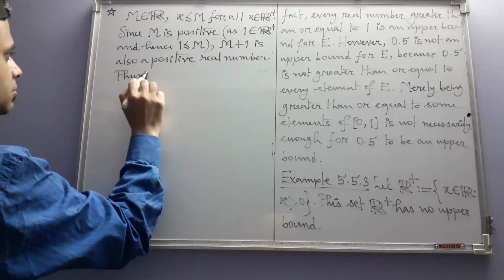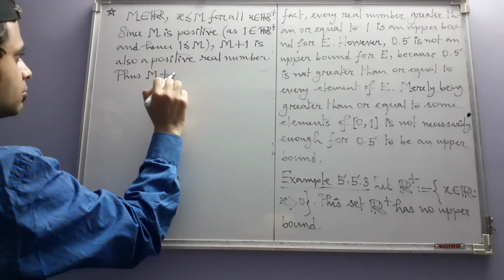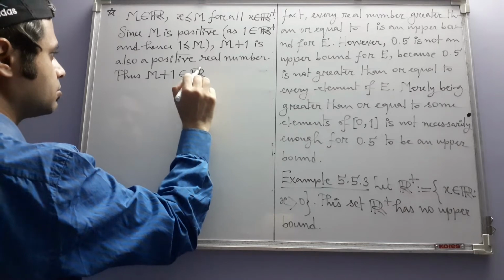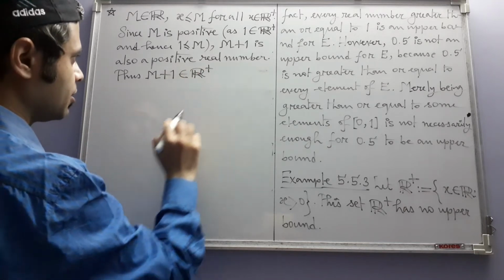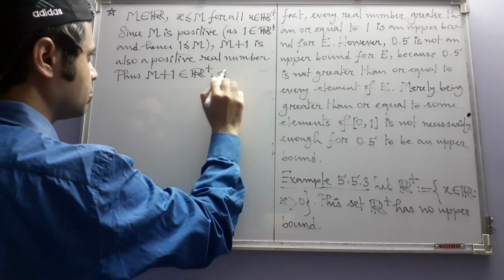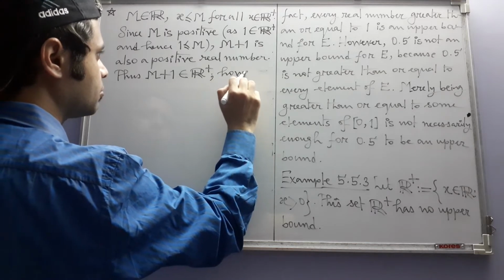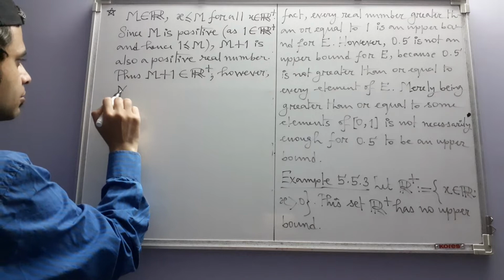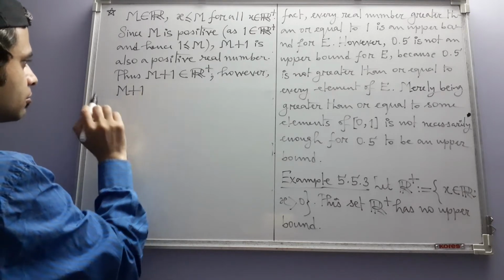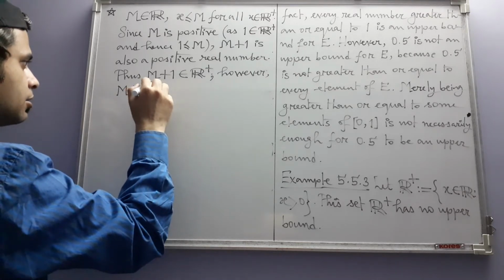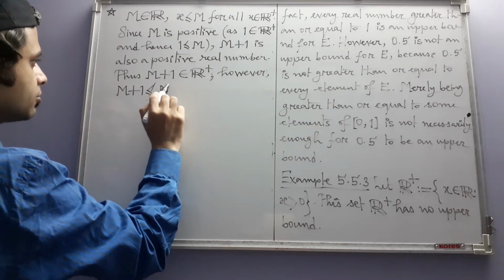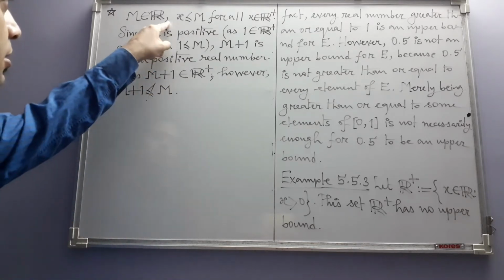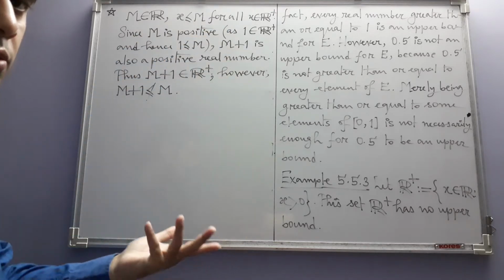Thus, M plus 1 belongs to R plus. However, M plus 1 is not less than or equal to M. In fact, it's greater than M. So this supposition itself is contradicted.